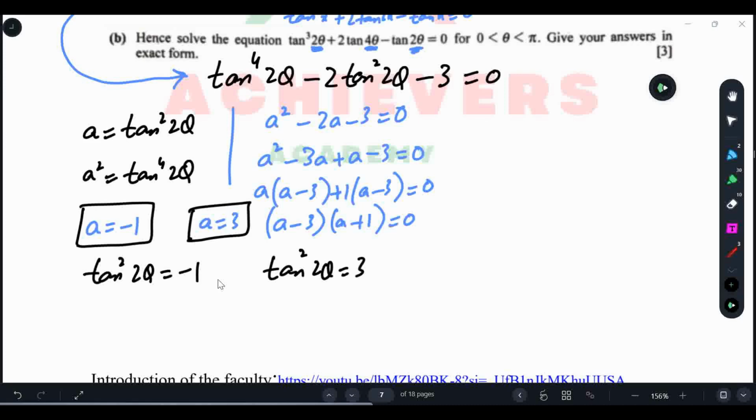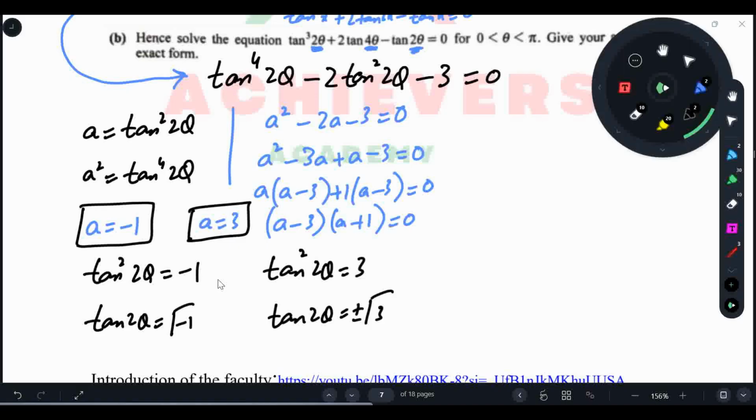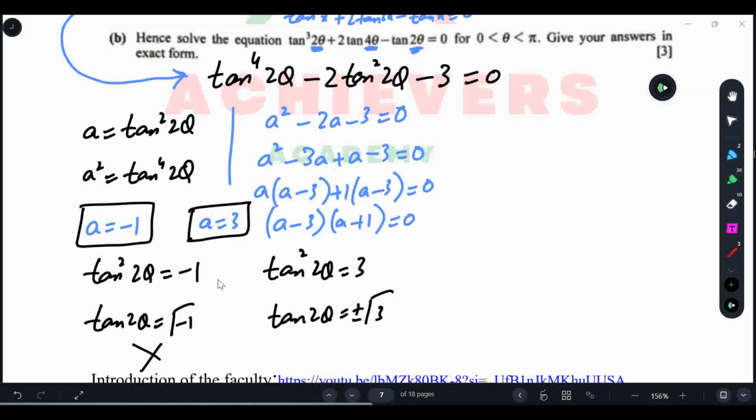If we take the square root on both sides, tan of 2 theta is equal to plus minus square root of 3. Now from the negative one we will have a math error, so we will not go further, and from here we will have two answers. The first answer will be the positive side and the negative side as well.